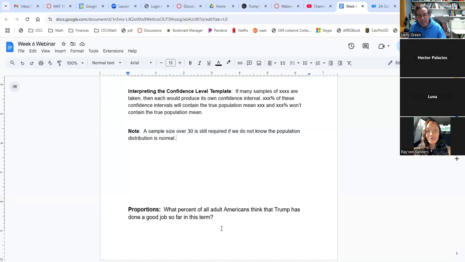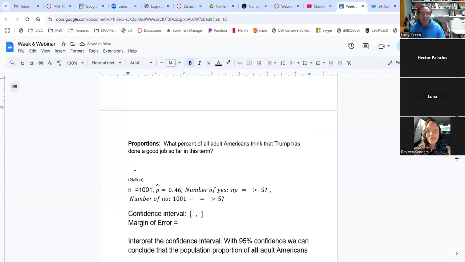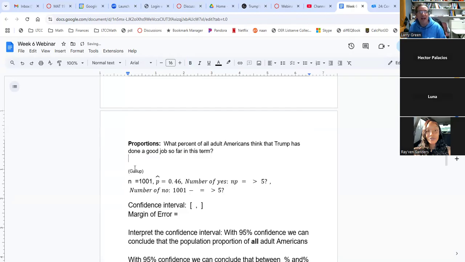So what they did is they took a sample. And that's how all this stuff works: you take a sample. Here are the results, and this was a Gallup poll. One thing I like about Gallup is they tend to give all the information you need for doing statistics.